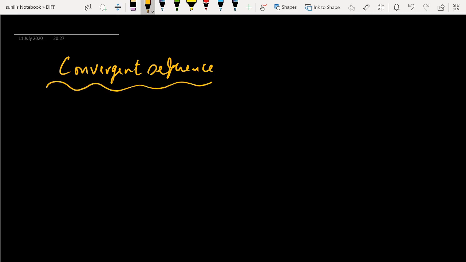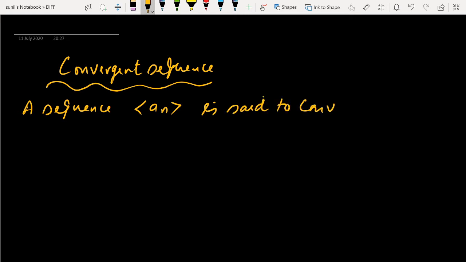Now friends, a sequence a_n is said to converge to a limit L if the following condition holds.